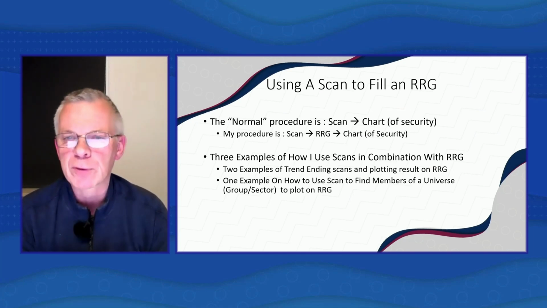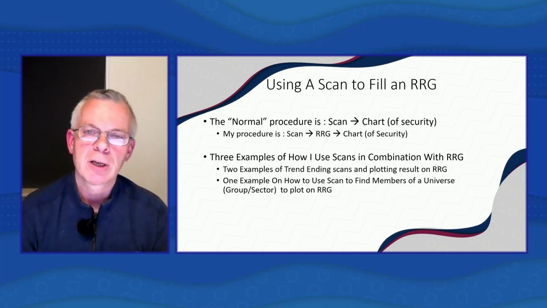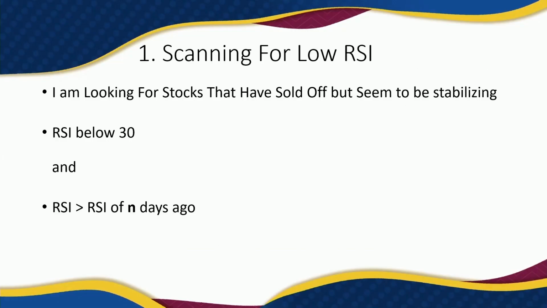Let's move to the first scan that I want to share with you. This one is actually a very easy scan. What I'm doing is scanning for low RSI values. You can apply that to a lot of indicators; I just use the RSI to give you an example. What I'm looking for is stocks that have sold off, but seem to be stabilizing recently.